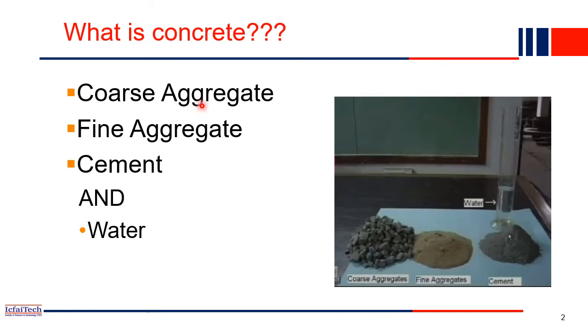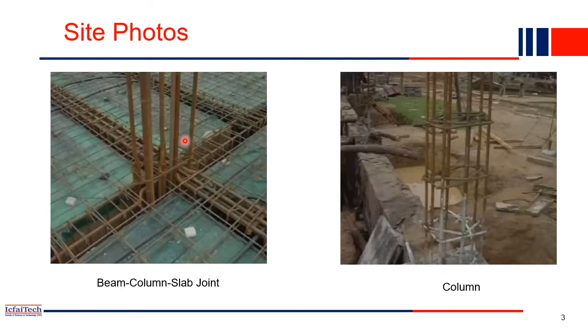All these properties are given in our Indian Standard 456 2000. In IS 456 2000, clauses 5 and 6, the standard procedure for making concrete is mentioned in detail. Now once concretes are prepared, here is a site picture.